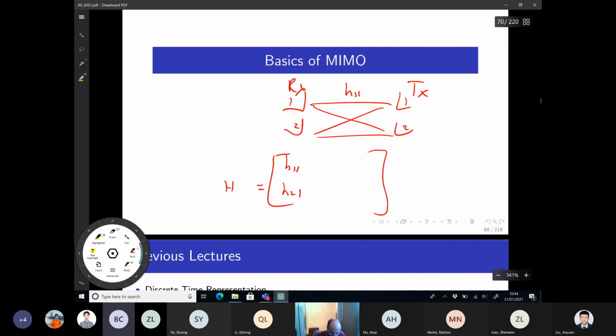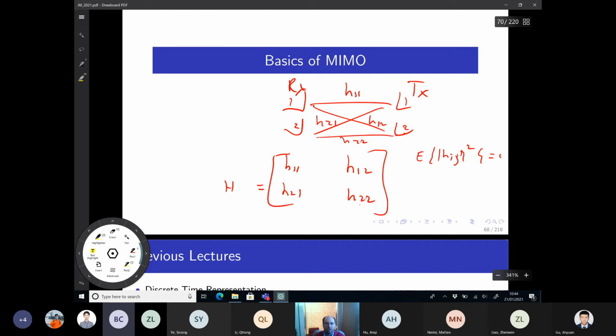So this is the channel that goes from transmit antenna 1 to receive antenna 2. H12, H22: this is from transmit antenna 2 to receive antenna 1, and H22 from those two. So this is H22, H12, H21, and H11.